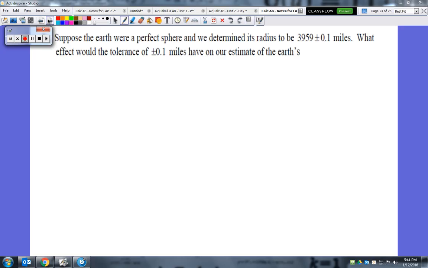Now let's go to our last example, and then I believe we are done. It says, suppose the Earth were a perfect sphere, and we determined the radius to be that, and what effect would the tolerance of this be as far as the estimate of the Earth's? Ooh, I might have cut this off. Hold on just a bit.